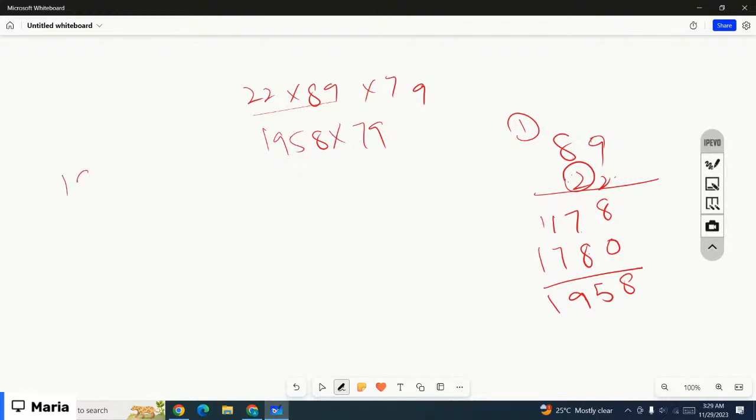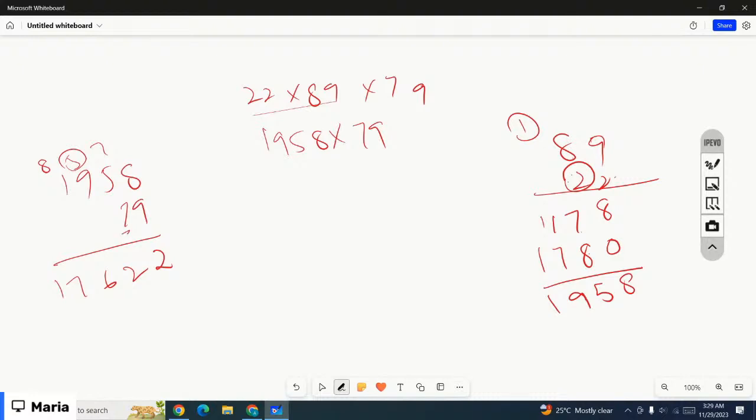Now let's just multiply the same number by 79. 9 times 8 is 72, 2, 7 carry. 9 times 5 is 45 and 7, 52, 2, 5 carry. 9 times 9 is 81 and 5, 86, 6, 8 carry. 9 times 1 is 9 and 17.